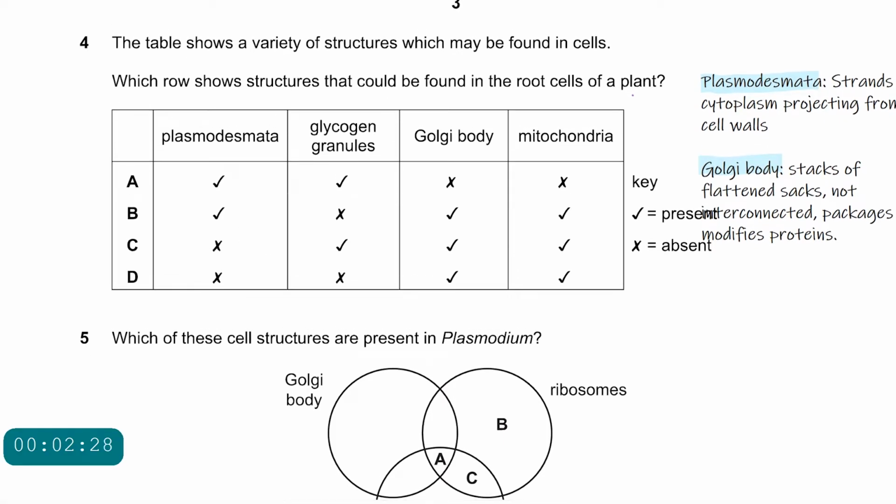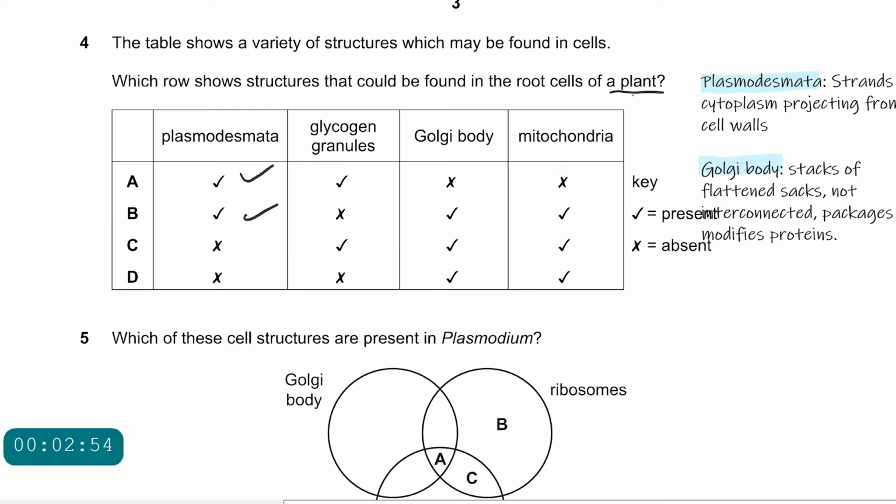The table shows a variety of structures which may be found in cells. Which row shows the structures that could be found in root cells of a plant? So it's a plant cell. To start with, plasmodesmata. Yes, of course, plant cells have plasmodesmata because according to our definition, plasmodesmata are strands of cytoplasm projecting from cell walls. So this is correct. The second point is glycogen granules.